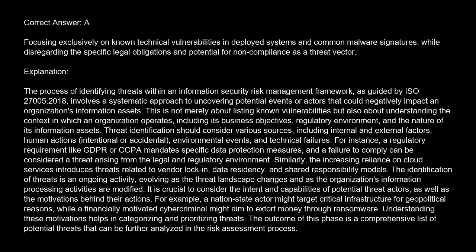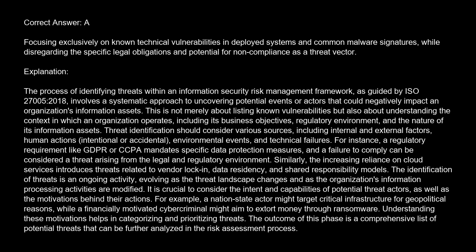This is not merely about listing known vulnerabilities, but also about understanding the context in which an organization operates, including its business objectives, regulatory environment, and the nature of its information assets. Threat identification should consider various sources, including internal and external factors, human actions, intentional or accidental, environmental events, and technical failures.